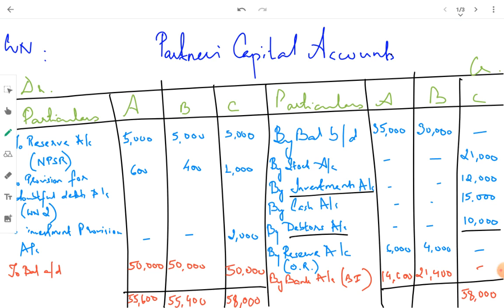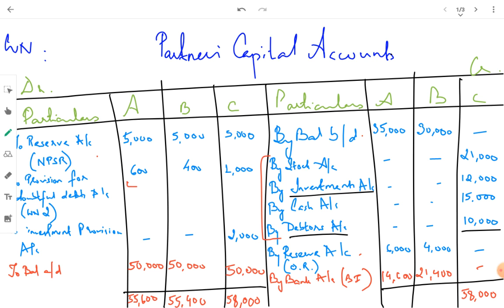So for partners capital account, we've got the opening balance, and then after that all of these additions that were brought in by your new partner, and then the reserve which was in the original balance sheet transferred, and then after that your new reserve which has been transferred equally, and then we created provisions also for our doubtful debts depending upon the adjustments that were given.